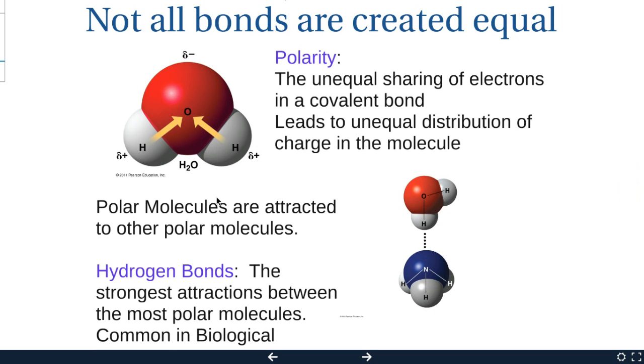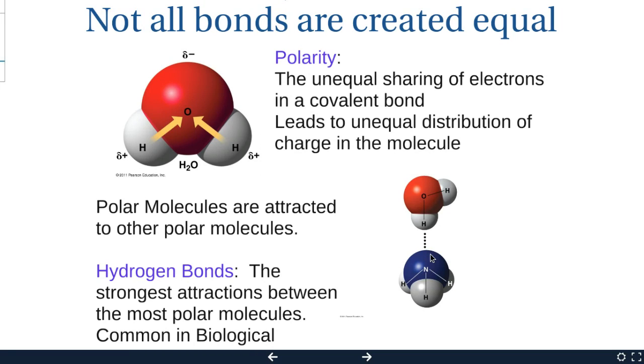Polar molecules are attracted to other polar molecules. So here, due to the shape, we have our oxygen, which is going to have a negative dipole on this side. It's going to be more positive on this side, thanks to our hydrogen. And so when it forms a bond with another molecule, oftentimes you'll have another positive hydrogen interacting with this oxygen.